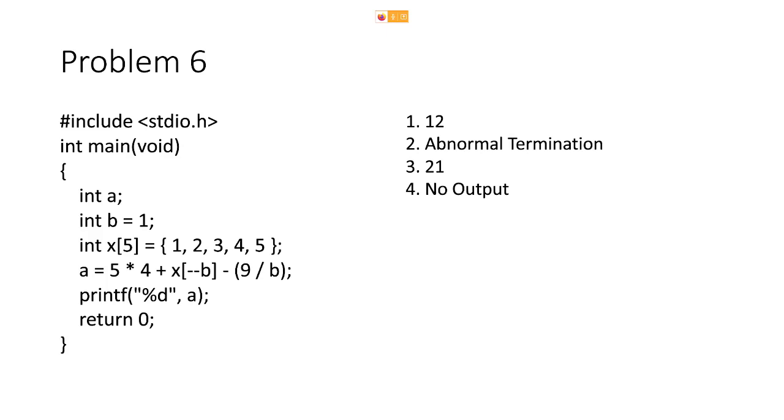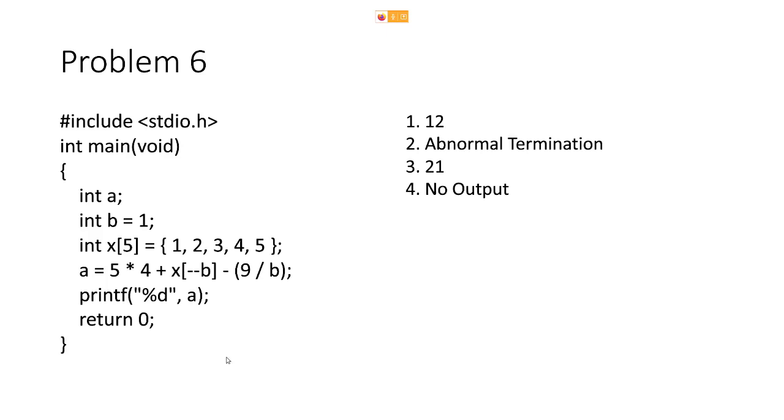Not normal termination because it will show an error because b will become 0. Dividing by b, no. Okay. Right, that's right. First, the unary operator will be operated.